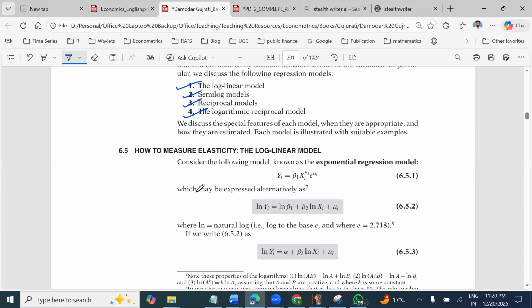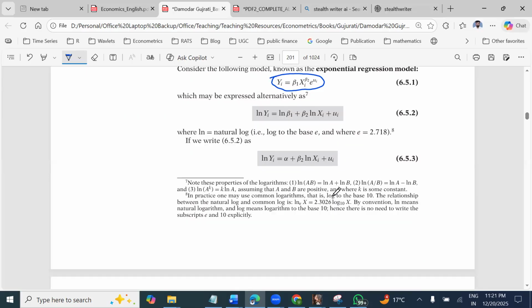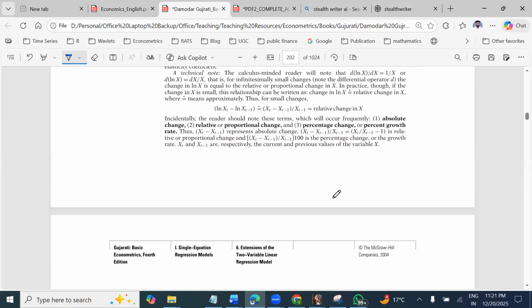At least check the functional form. This one you already know. It is a kind of exponential regression model, but we can convert it into logarithmic by taking the log on both sides. So you should do a quick revision.